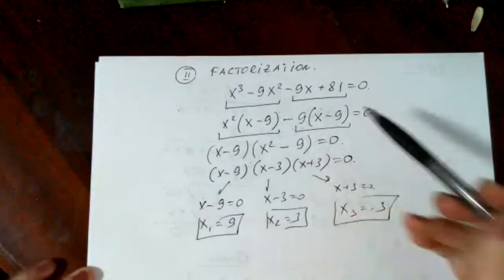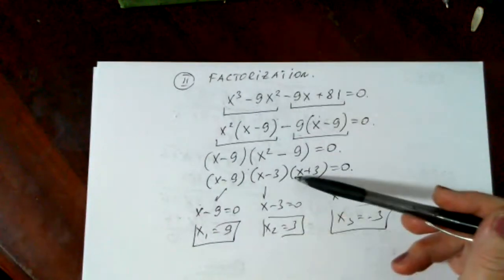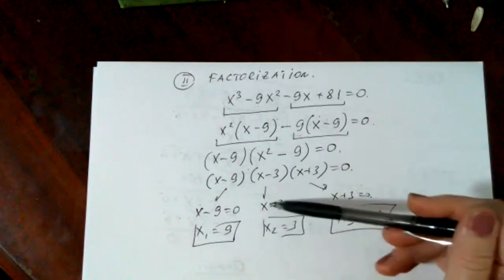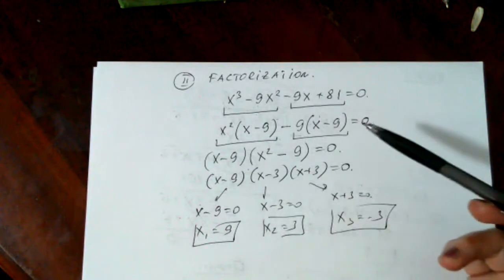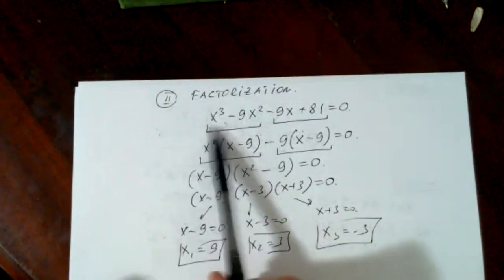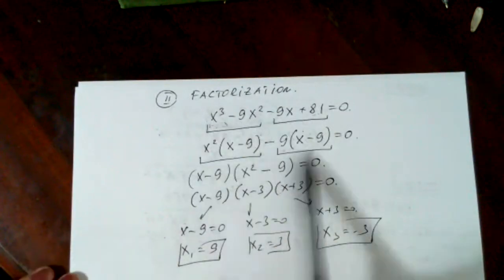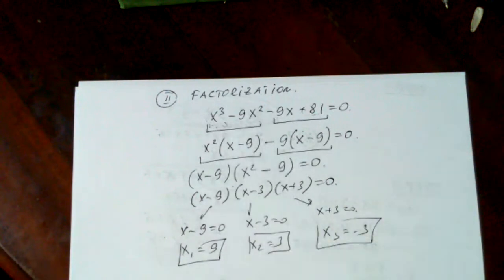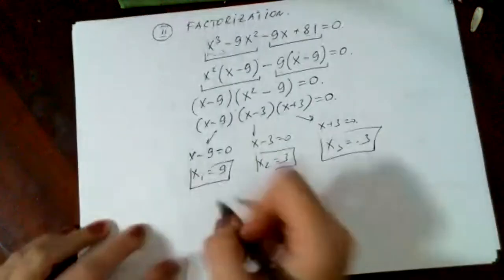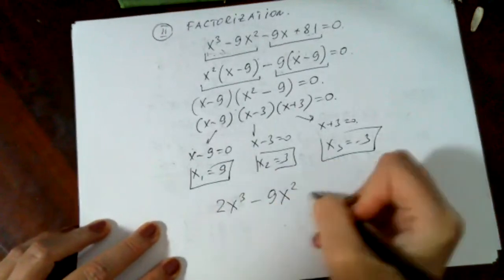So that's it. You see how nice this method looks, and how much shorter it is compared to the previous one. But the problem is that sometimes it's an unusually nice equation. You can easily find this factorization. But if you look at the previous equation, what does it look like? Look at this, 2x cubed. Let me remind you of the previous example.